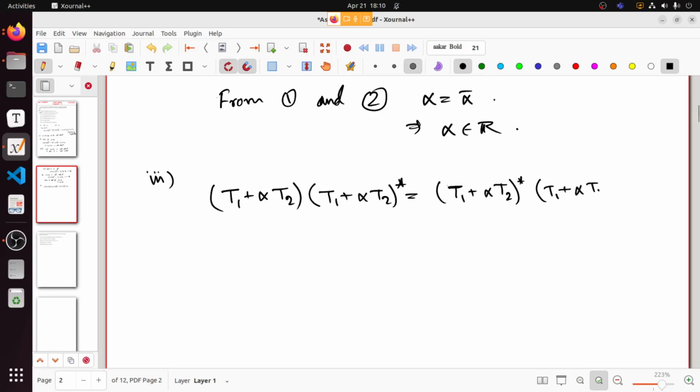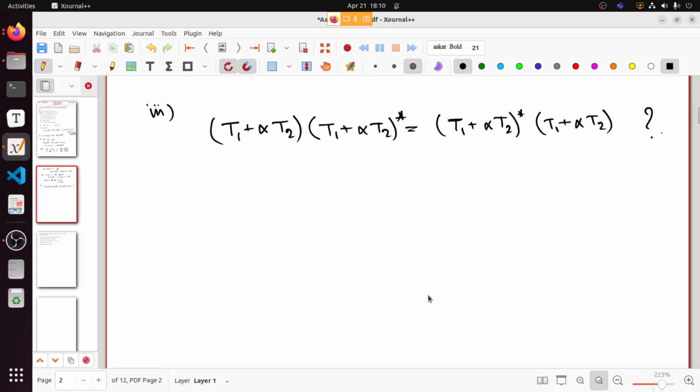So first start with the left hand side. The left hand side is T1 plus alpha T2 times its adjoint, and note that the commutative property is given.